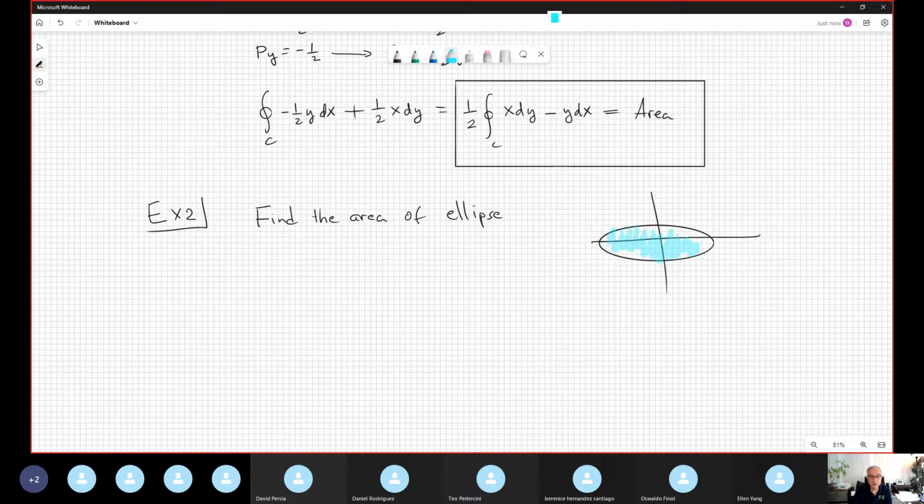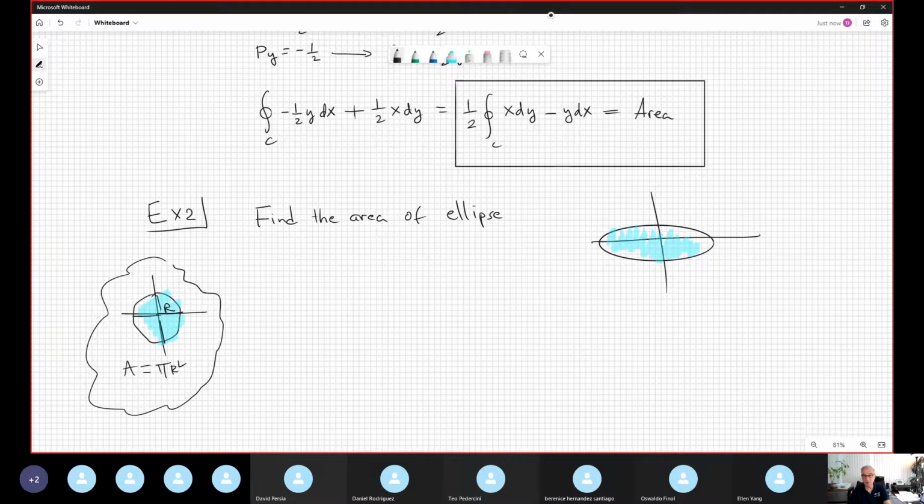I know very well the area of the circle. You are familiar with the formula from geometry. And the circle is easy because the radius is always constant in any direction, and the area is pi times radius squared. I am familiar with this, but I don't know the formula for the ellipse.